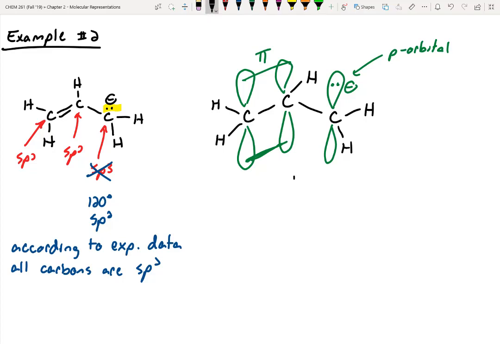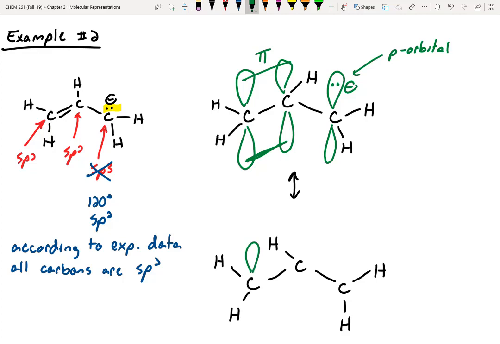Okay? So we can draw this kind of like we did before. We haven't changed the p orbitals. They're still there. Let me move this hydrogen over for clarity's sake.